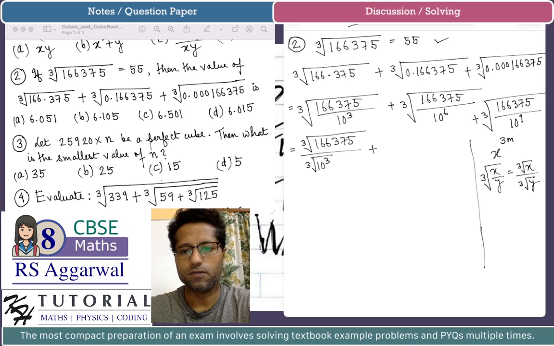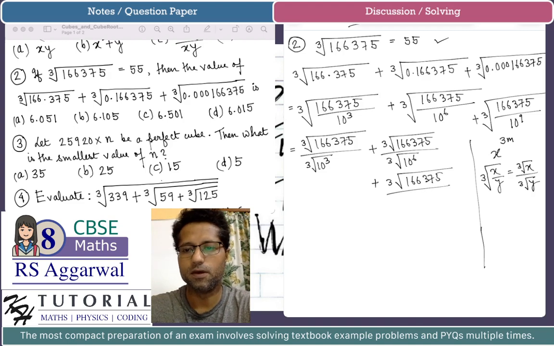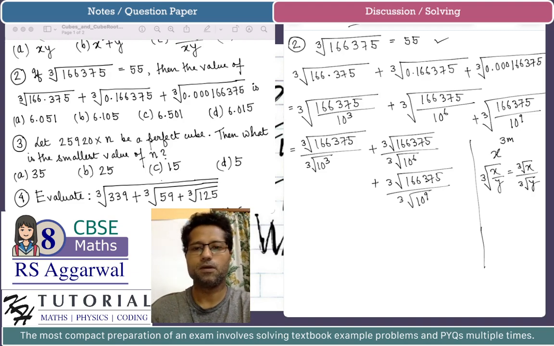The second term will also be the cube root of 166,375 divided by the cube root of 10 to the power 6, and the third term will be the cube root of 166,375 divided by the cube root of 10 to the power 9.